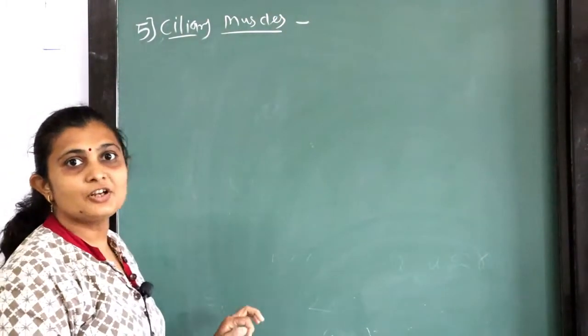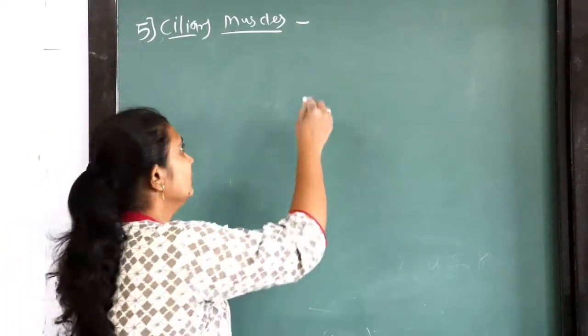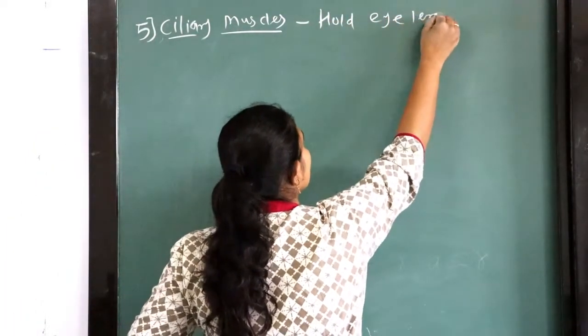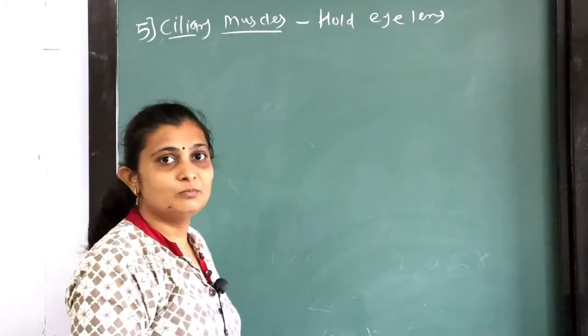Now what is the function of the ciliary muscles? They hold the eye lens in proper position.